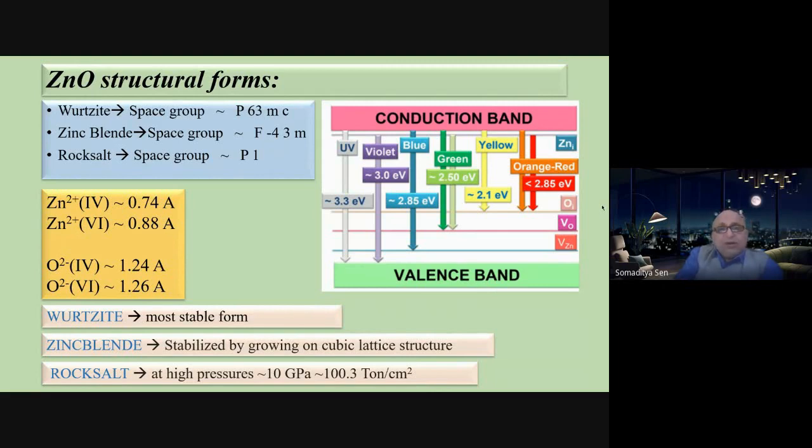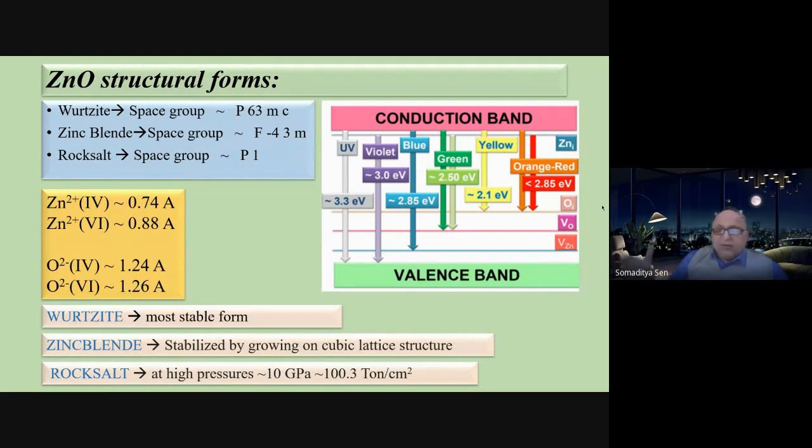Okay, but however, if you put a little bit of pressure and change the bond lengths or the bond angles, then what will happen? It may move to a rock salt structure, which is a cubic structure. I do not know how many of you know the sodium chloride structure.